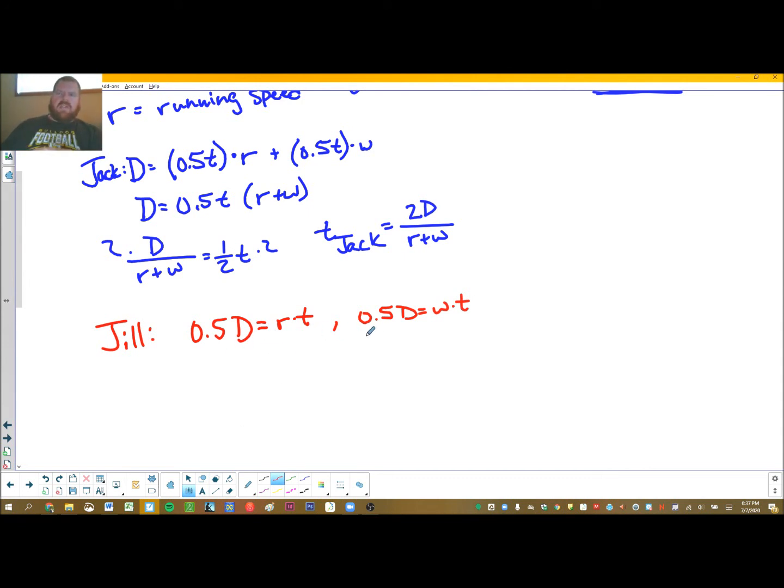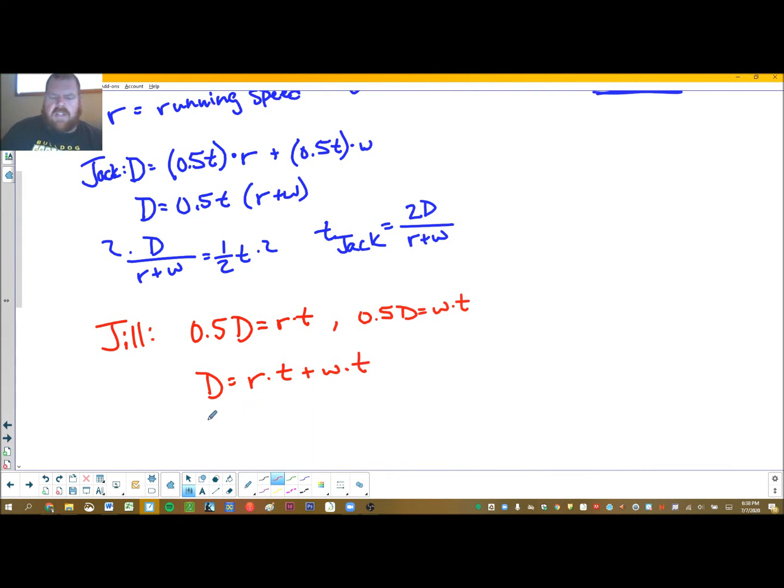But each one of these is only half of her race. So we got to combine them to say that the entire race, I want to add these, sorry. So I'm going to add these, and that's going to be r times t plus w times t.